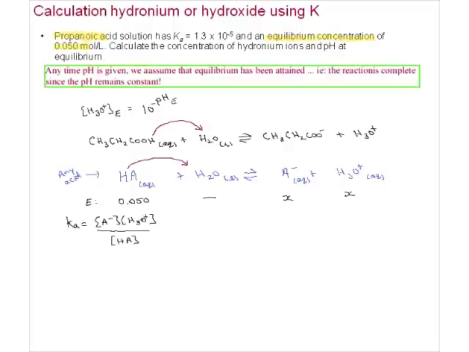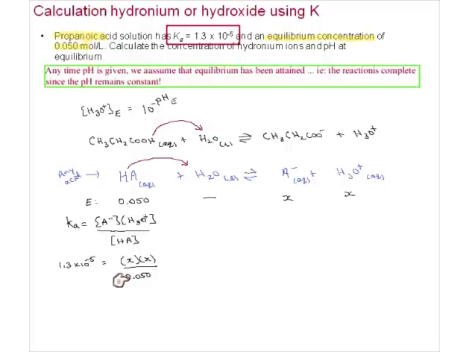So what we simply do here now is we write our equilibrium expression. Ka is products over reactants. We put our values in, and we notice here now that we've got a situation where the Ka was given to us up above. Okay, I'm just going to draw a little red box around it. Ka was given to us, so I know that value. I don't know A minus and H3O+, that's X and X, but I do know the equilibrium concentration of HA.